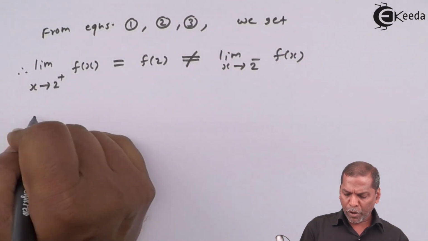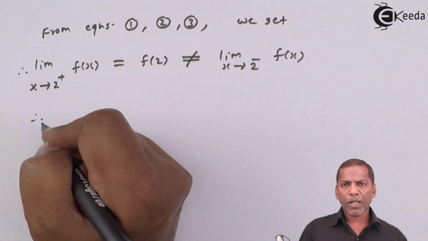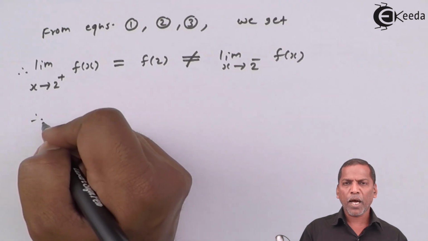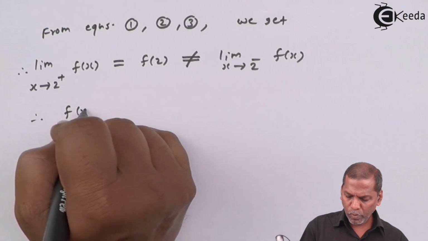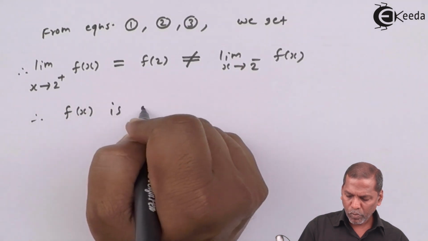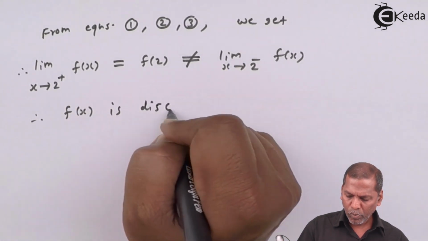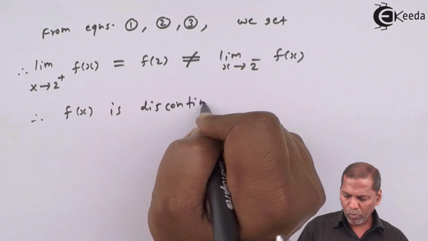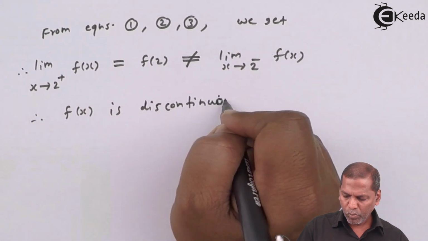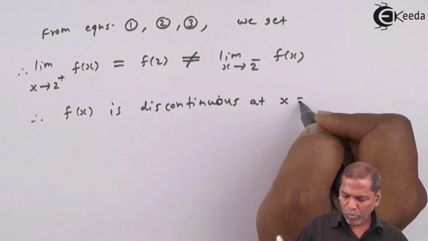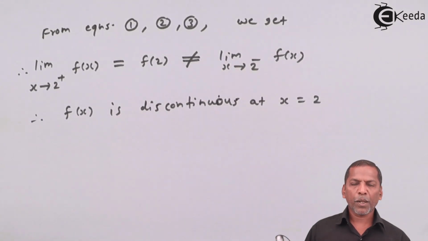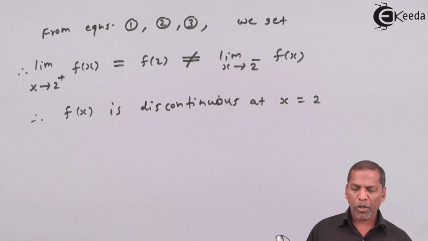So from this we conclude that f of x is discontinuous at x equal to 2. And this discontinuity is not removable.